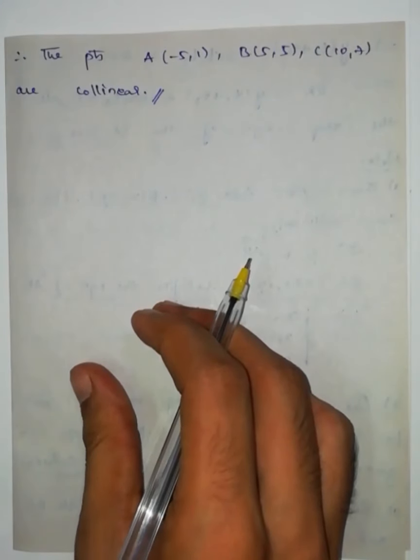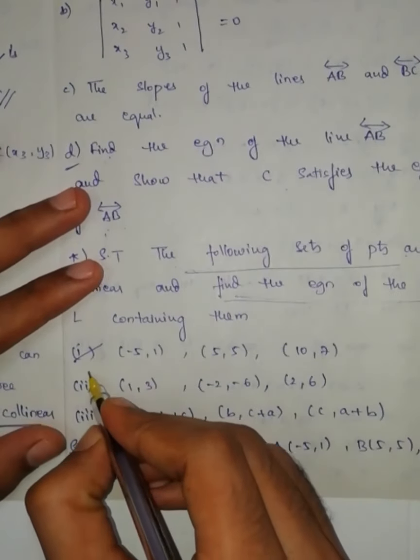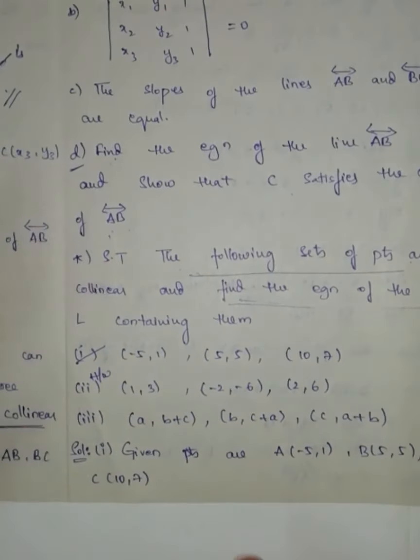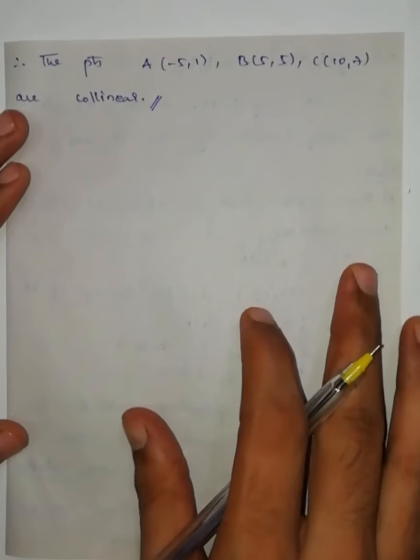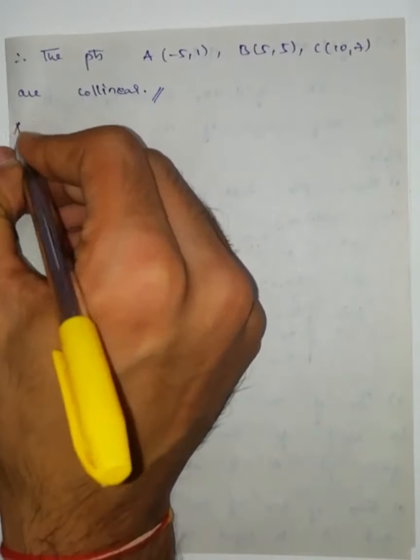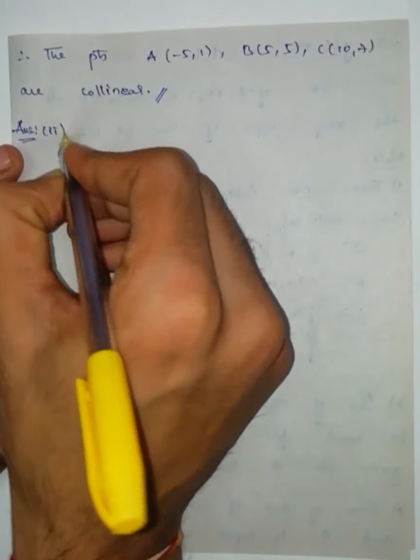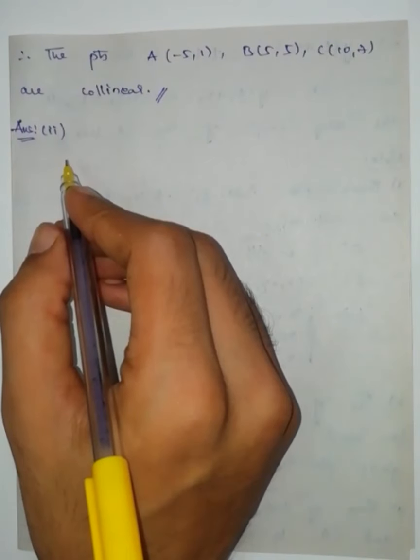Similarly, we have to solve the next one. This one I am going to give as homework, and the answer for the second one I am writing here. You can use the same method for the second one.